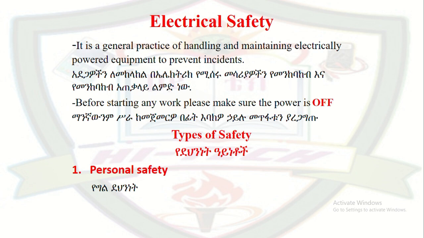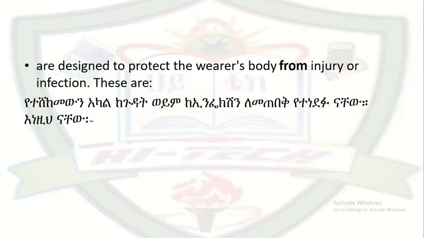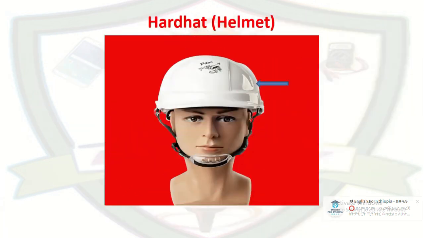Types of safety. The first one is personal safety. This is designed to protect the wearer's body from injury or infection. Helmet is important, as you can see.